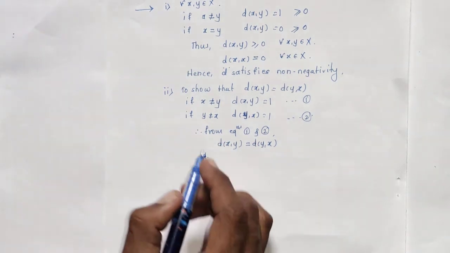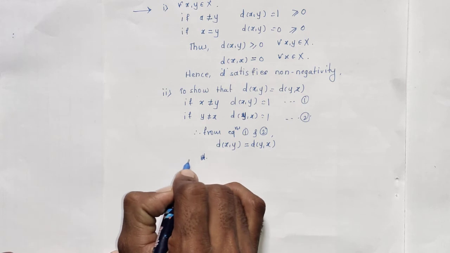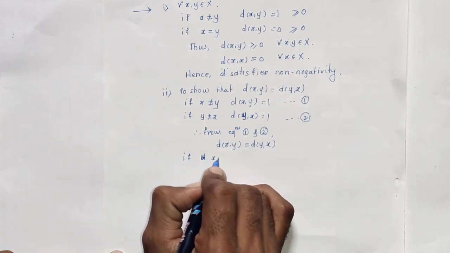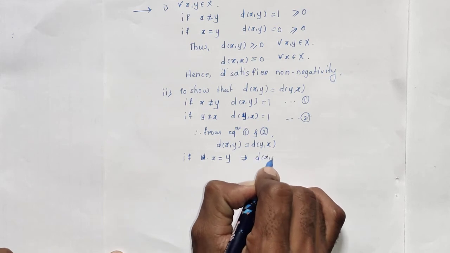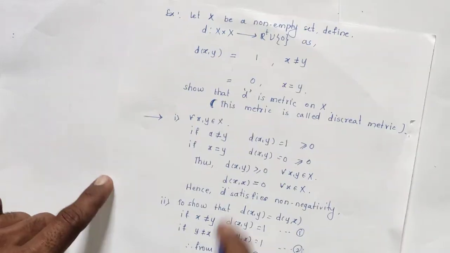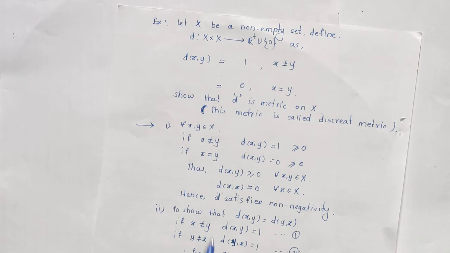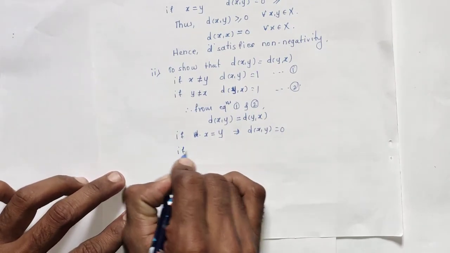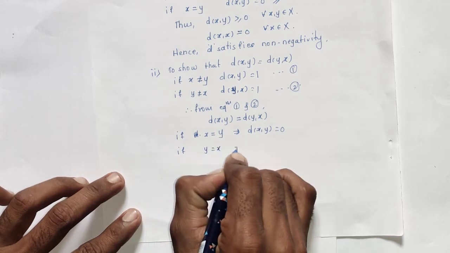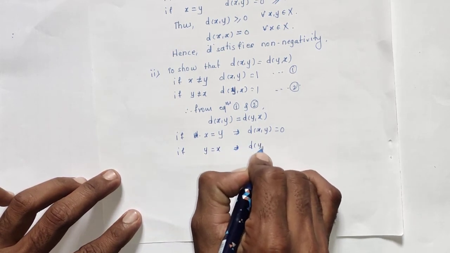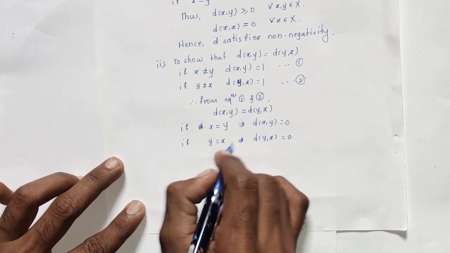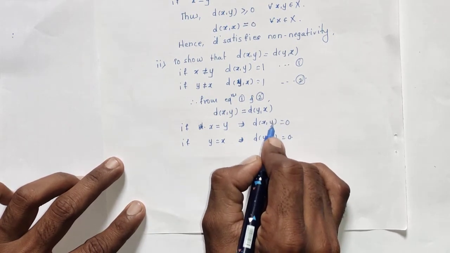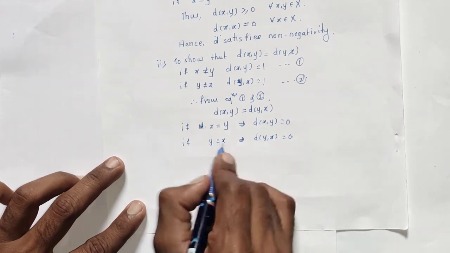Now the second case is if x is equal to y. If x is equal to y, then distance between x and y is equal to 0, as the function is defined as distance of xy equal to 0 whenever x is equal to y. Similarly, if y is equal to x, distance of yx is equal to 0. Thus distance of yx and distance of xy are the same.